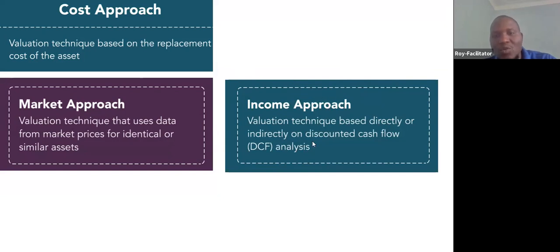So I'm going to look at the income approach, and as I said, it's a bit technical. But as long as we put in the formulas, you can put in the numbers. You don't need to know the formula; if you have the numbers, you can just replace them and see the value using the income approach.